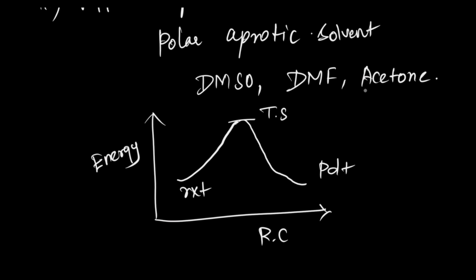The energy diagram goes like this. Reactant reaches one transition state, leads to the product. But in the case of SN1, it reaches two transition states along with one intermediate formation. Okay, so this is about SN1 and SN2 reactions.